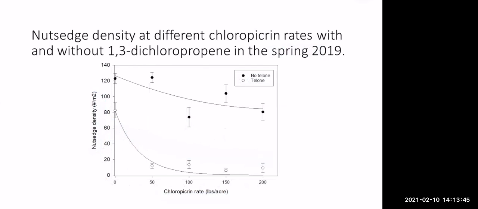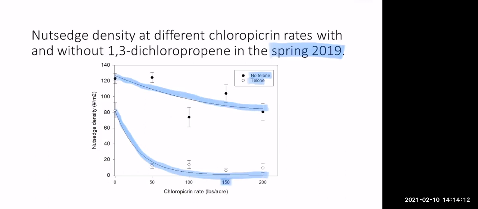The next graph I want to show you is exactly the same as the last one, but now we're looking at the spring of 2019. And as you saw in the previous graph, if you look at the dots that are black, that's no telone, you consistently have much higher nutsedge density without telone. But if you have telone, which is the clear dots, you see not only fewer nutsedge emerging, but a much more rapid decrease in the density.